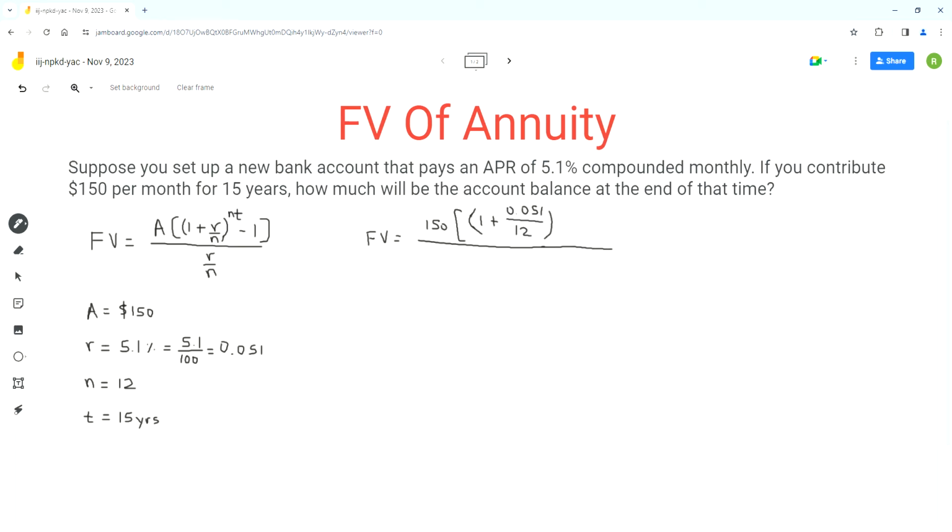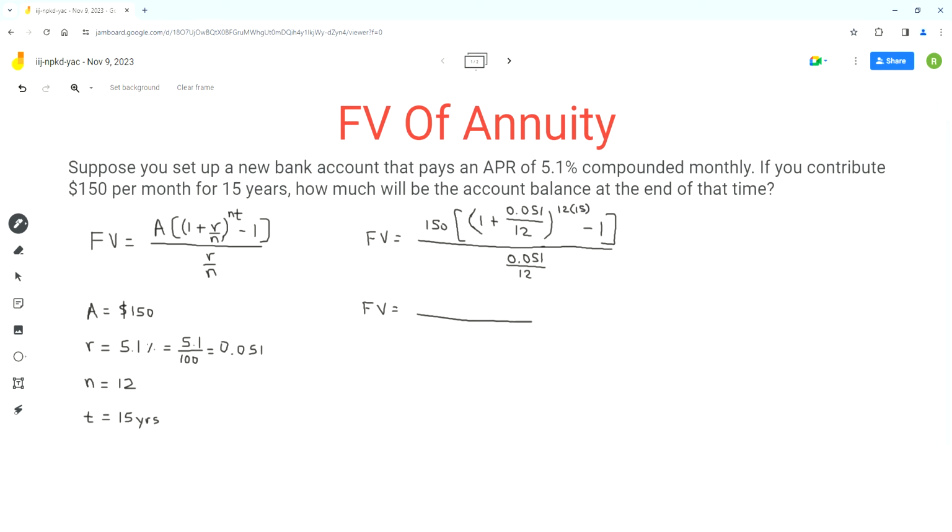The exponent is 12 times 15, minus 1, and then we close the brackets, over 0.051 over 12.